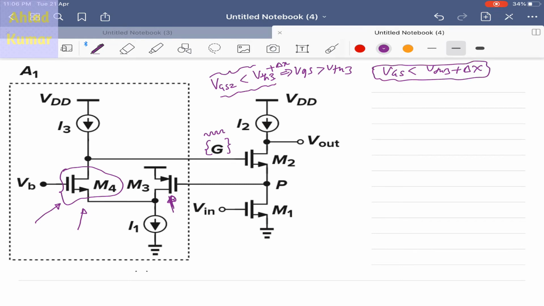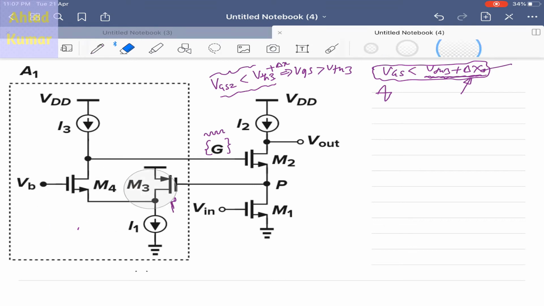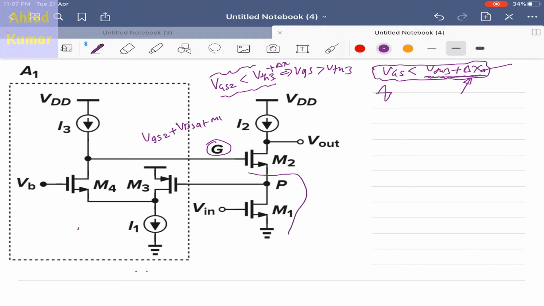And what is that margin? That margin is that this range is increased, and the fluctuation of the VGS can be more now. So let us see how this margin is increased and what the value of this delta X is. Earlier, what was the voltage at this node? It is VGS2 plus VD set of M1, coming through this path.